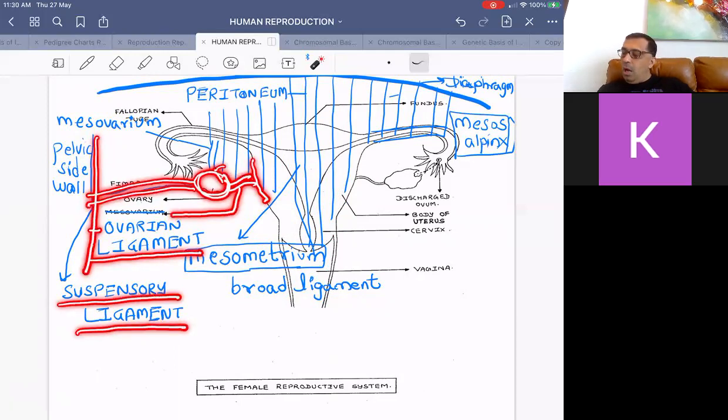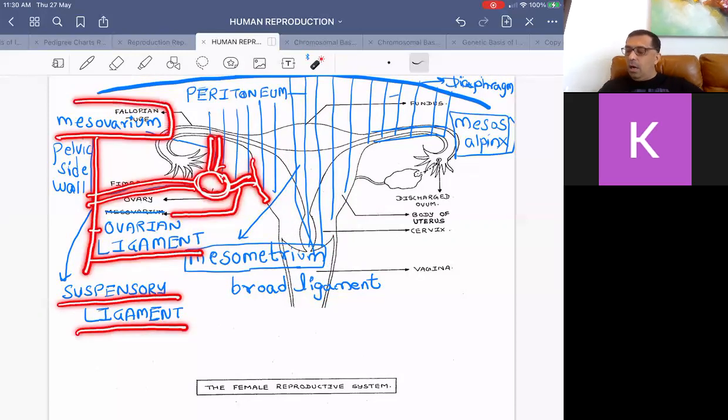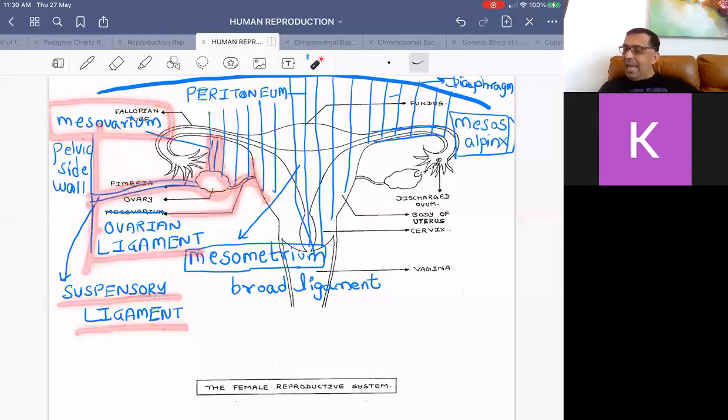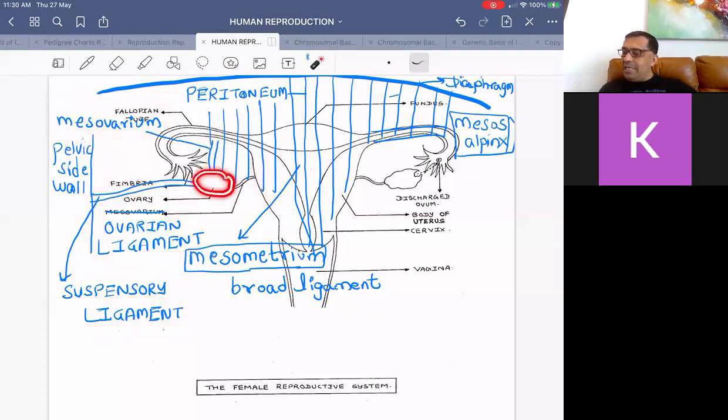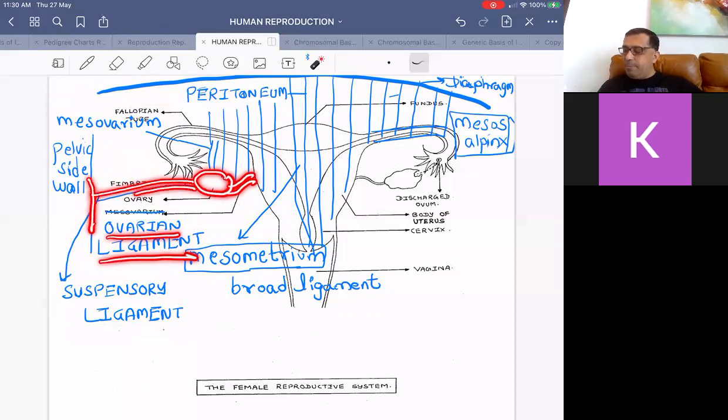And to the back wall, the dorsal wall, by a fold called the mesovarium. So once again, the ovary is attached to the uterus by the ovarian ligament, to the side wall by the suspensory ligament, and to the back side by the mesovarium.